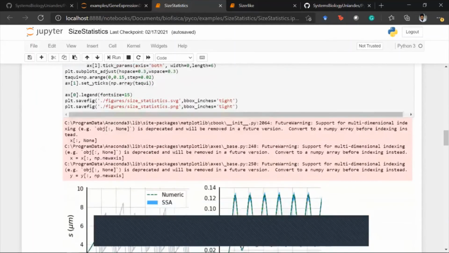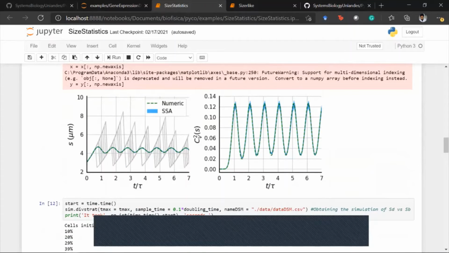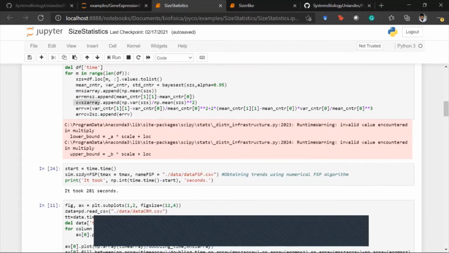And you can compare them using the cell, and you can see here some trajectories in gray behind the trend line, using the stochastic simulation algorithm in blue, and the numeric using the function SCD FSP.